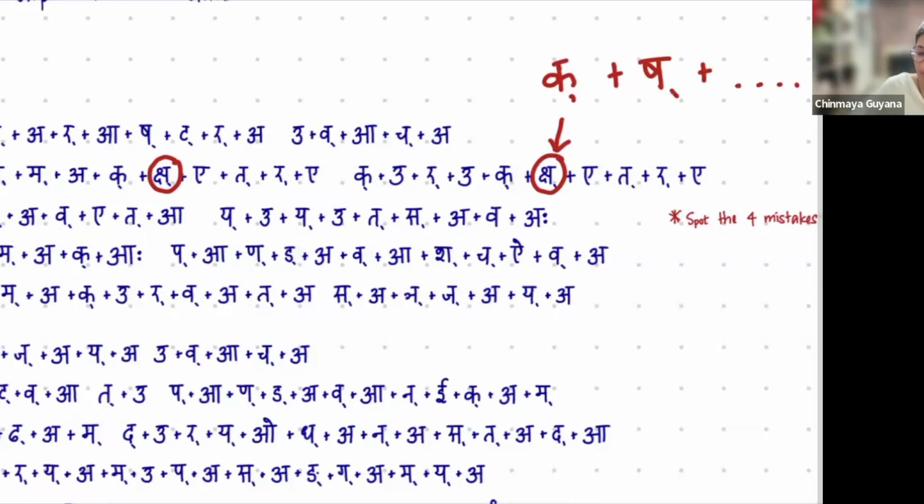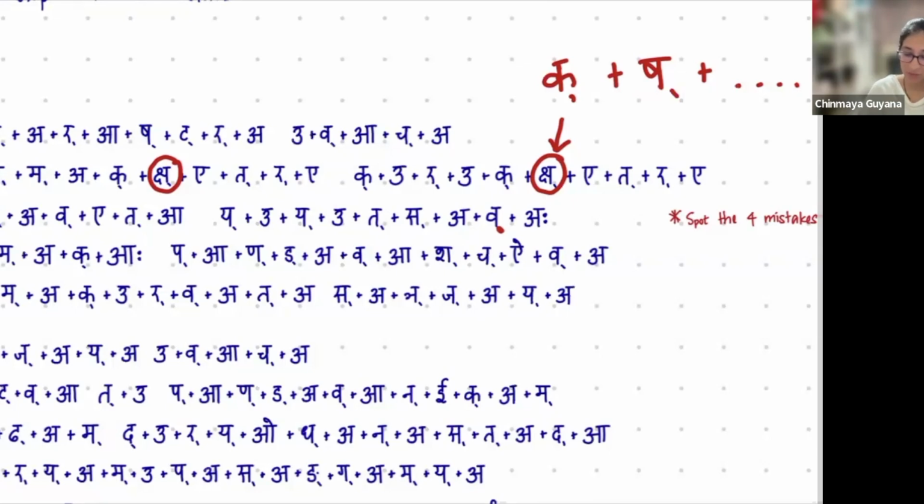Then there were a couple of halants missing. Let me see where I missed them. One was here, and the other one was here. So those were the 4 mistakes. If you found more mistakes, please tell me. But those are the 4 I intended to make. And sometimes I make mistakes unintentionally also.